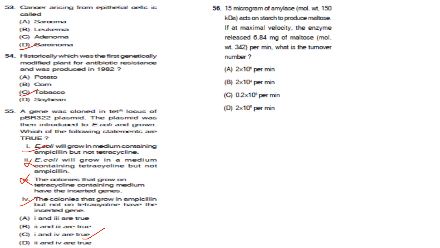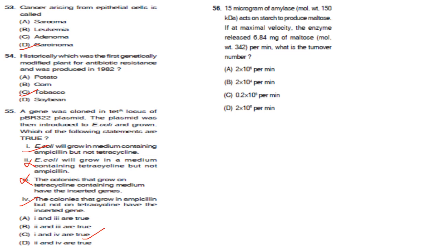They will be non-recombinants. So 3 is also not correct. Then next one, the colonies that grow in ampicillin but not on tetracycline will have the inserted gene. That is correct. So 1 and 4 are correct. That is option C.